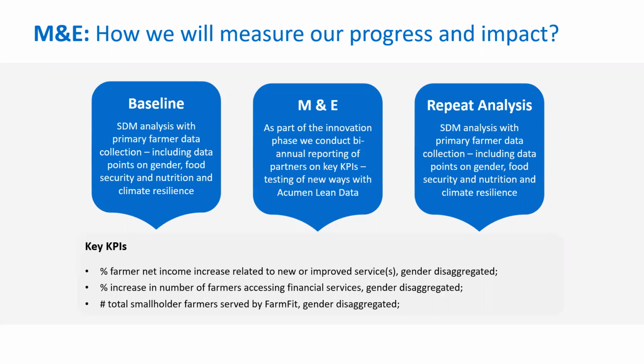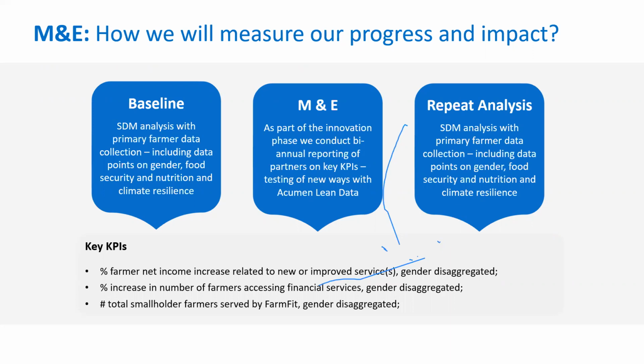Then on some key KPIs, when we start a TA project, we ask companies to report on them annually, and after 2-3 years, at the end of a study, we also ask companies to do another SDM study, where we go back to what we started at the beginning and reassess how things have been going.